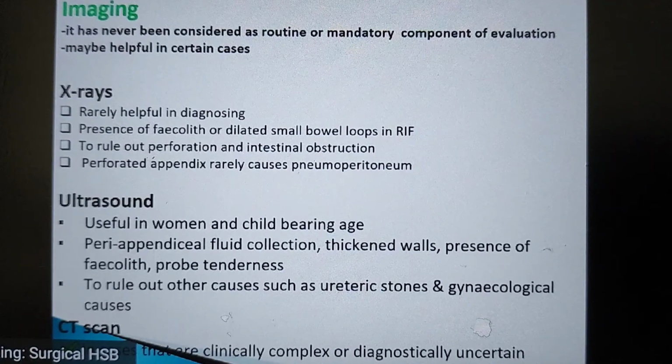We can look for any peri-appendiceal fluid collection, thickened walls, or thickening with tenderness in the case of appendicitis, and for other causes such as urinary stones or gynecological causes. But this is not a must; it helps us rule out other causes. A CT scan may be done in some cases where we suspect other causes such as diverticulitis and are not sure whether this is an appendicitis case.